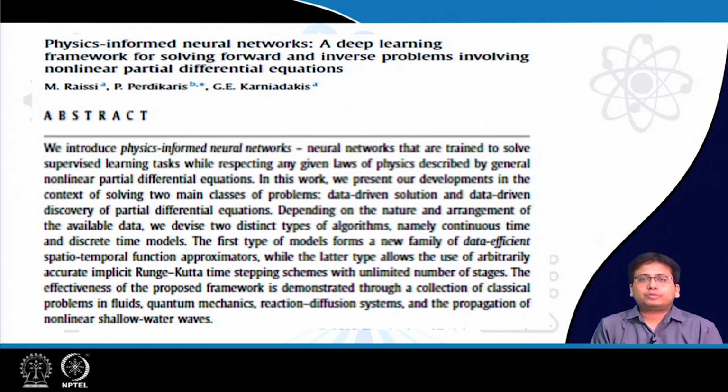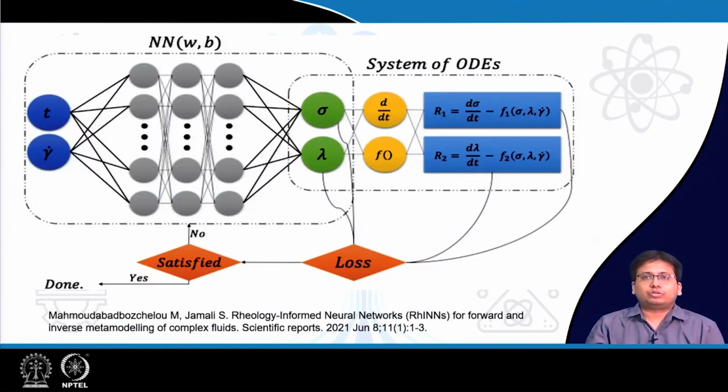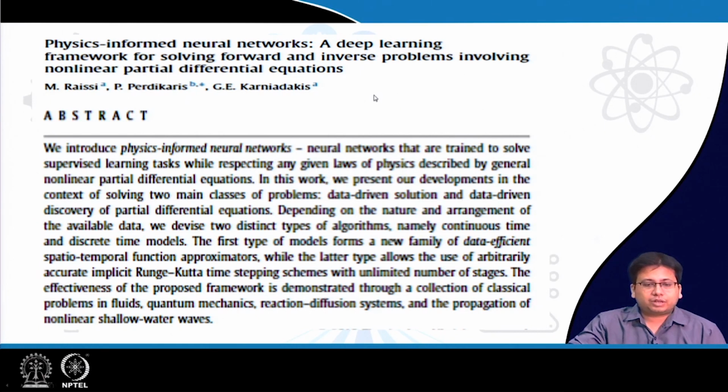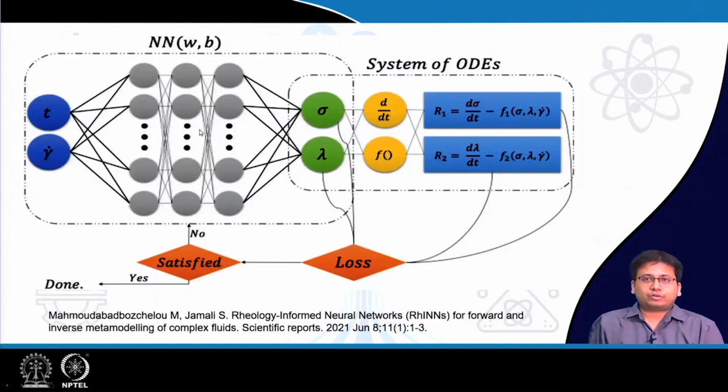Most of the process based models are actually based on differential equations, that is, I already mentioned governing equations in the earlier lecture. Often those governing equations are actually differential equations. So what this paper talks about is using a deep learning framework for solving these kinds of differential equations. And one technology which becomes very relevant in solving these differential equation problems is that of automatic differentiation.